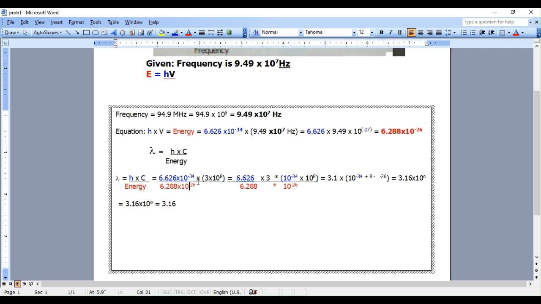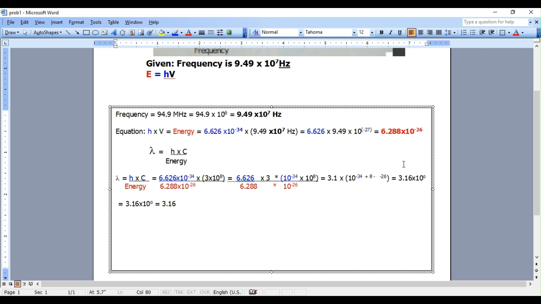Just write in your paper up top now. 10 to the what? I'm combining all the exponents now. All same base 10, I can combine all the exponents. So I got a minus 34 right here, 10 to the minus 34 plus an 8, because I'm combining these numbers. You understand that? Now the tricky part is underneath I have a minus 26.